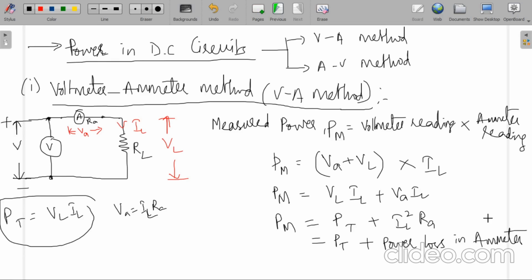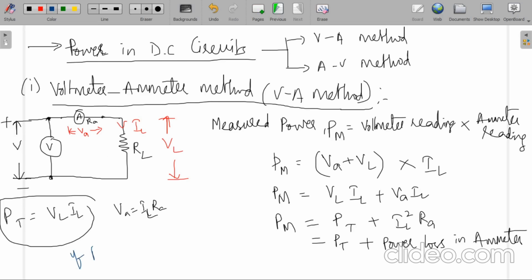If I make this power loss in ammeter 0, then measured power will be equal to true power. This is the error due to ammeter.